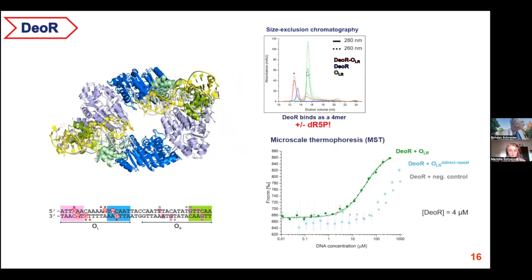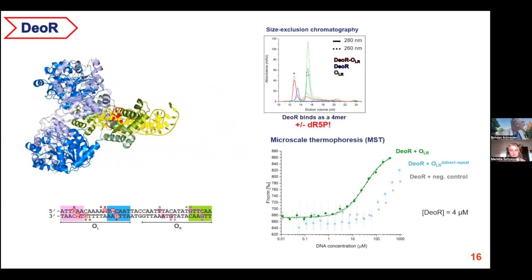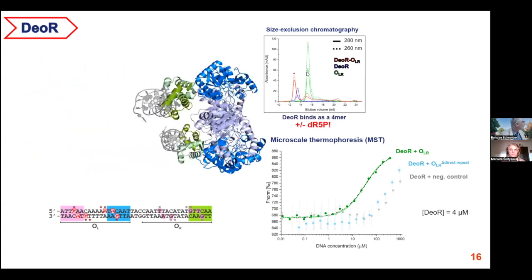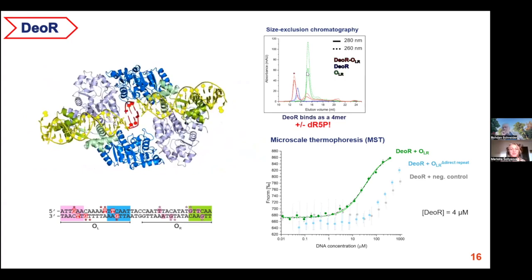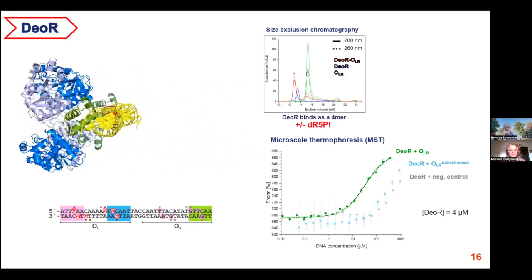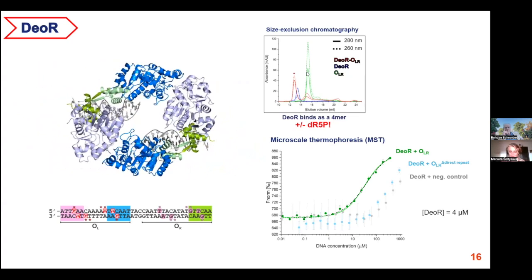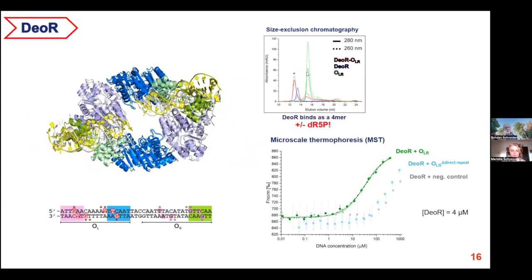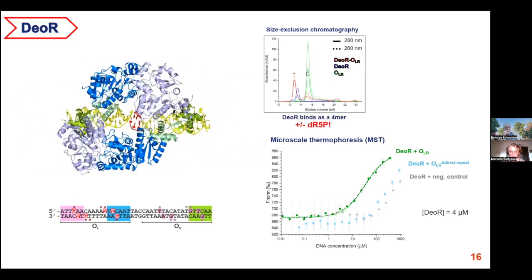However, what was not confirmed was that the sole left half operator is sufficient for the complex formation. One of the methods I used to tackle this was microscale thermophoresis, which showed that the direct repeat of the operator is needed for the protein binding in solution.